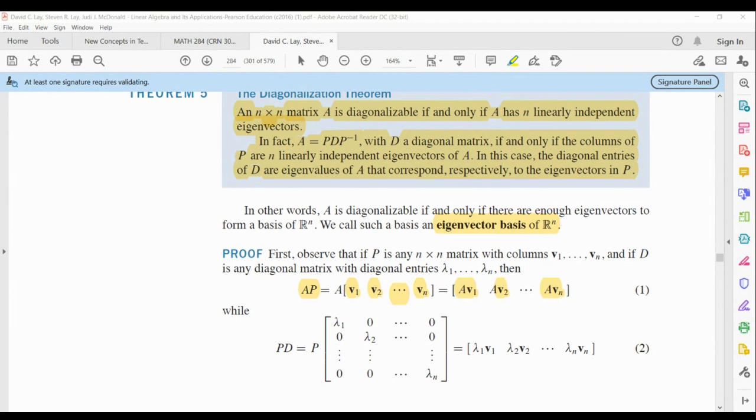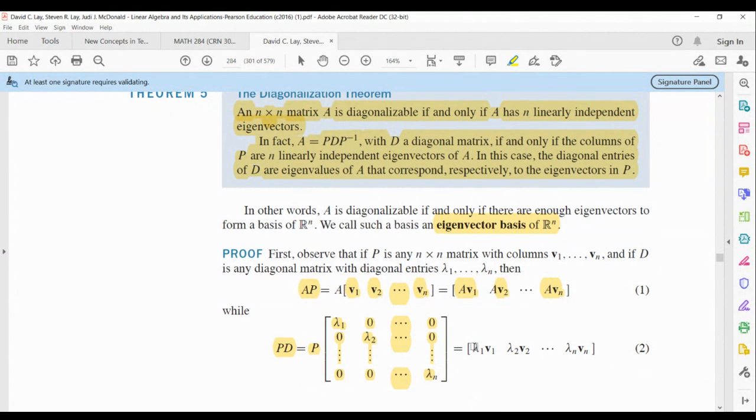Now let's also look at P times D, the matrix P times the matrix D. So P is the matrix of eigenvectors, and D is the diagonal matrix whose diagonal entries are the eigenvalues.